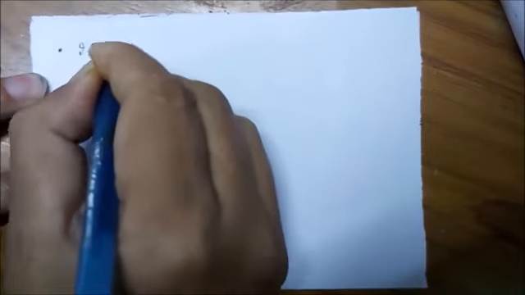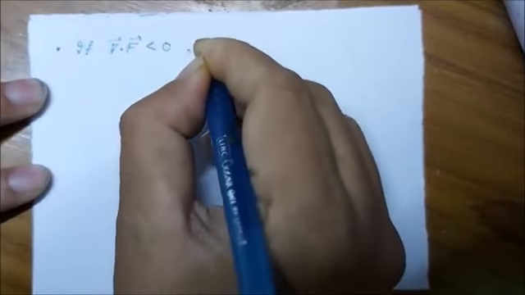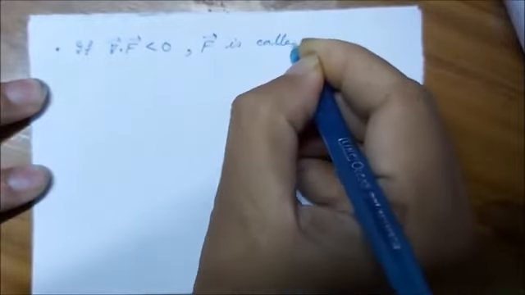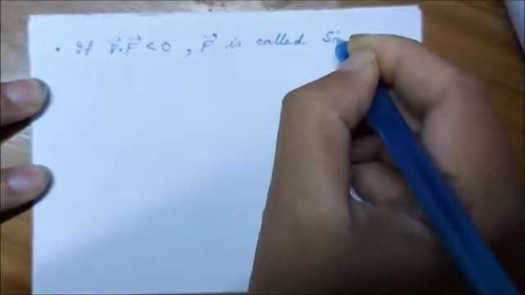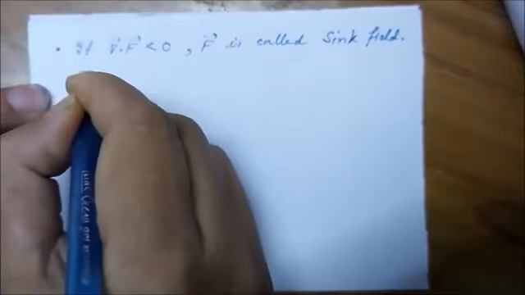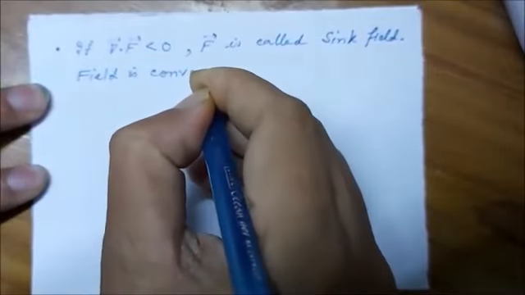If divergence of vector f is less than 0, that is negative, then vector f is called sink field. Field is convergent.